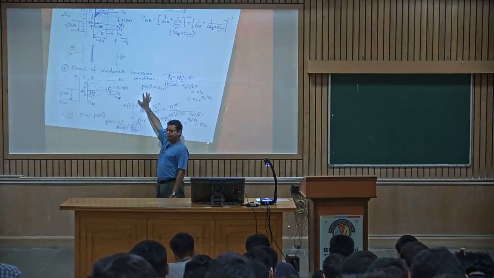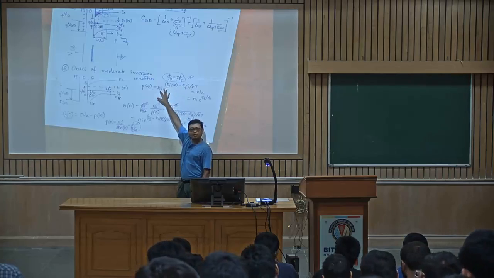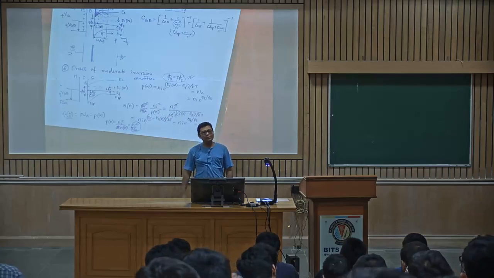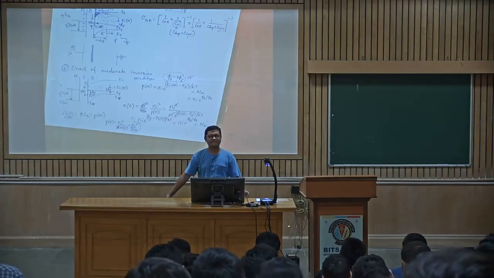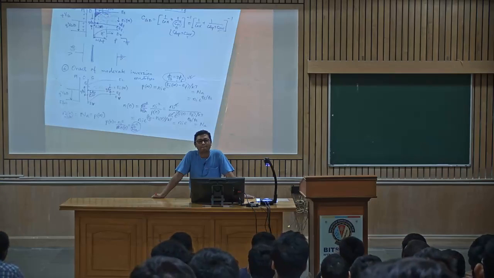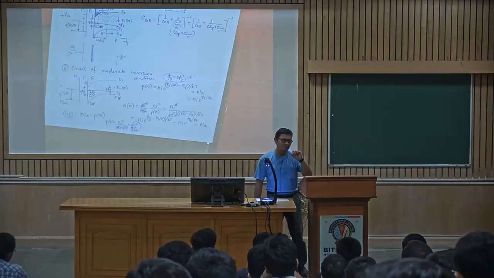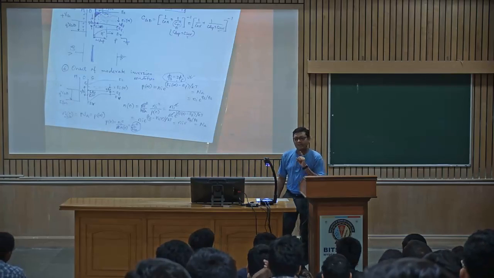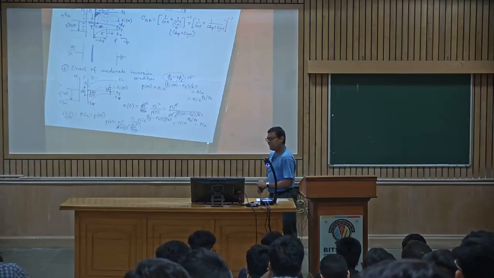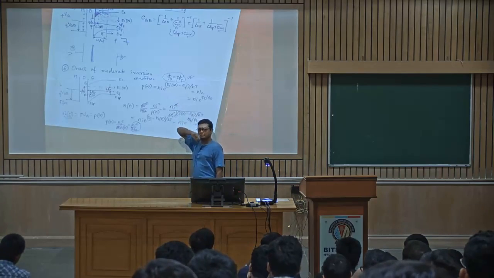Now, we have just said that phi s equal to 2 phi f. Does that mean that VGB equal to VT? No. This is the very catchy thing over here. VGB or VGS will become equal to VT after a little bit higher than this.